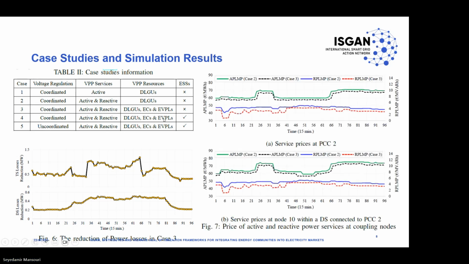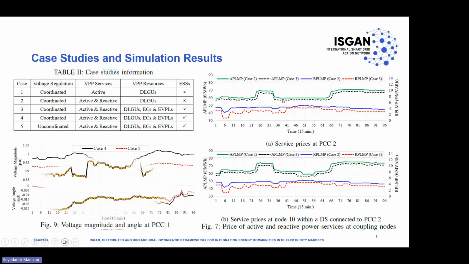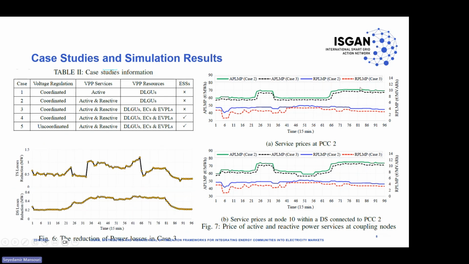And here we compared the impact of participation of demand-side resources on the price of the flexibility services or balancing services. And you can see we could reduce them here: the active power locational marginal price and the reactive power locational marginal price.